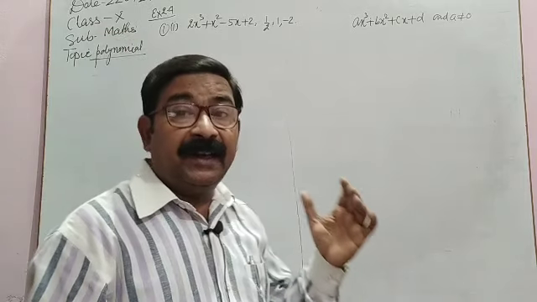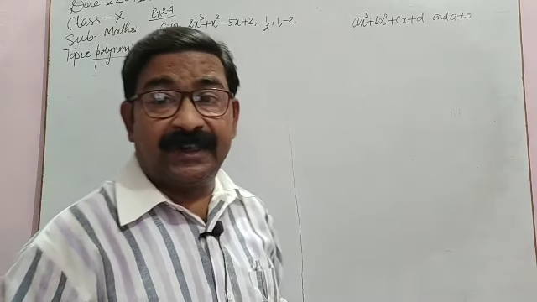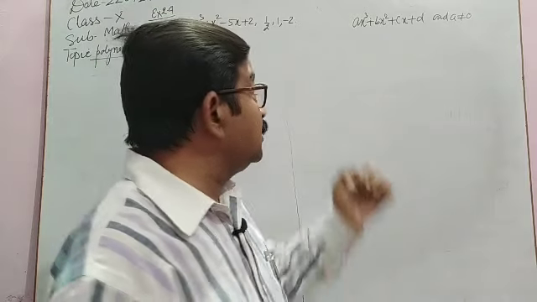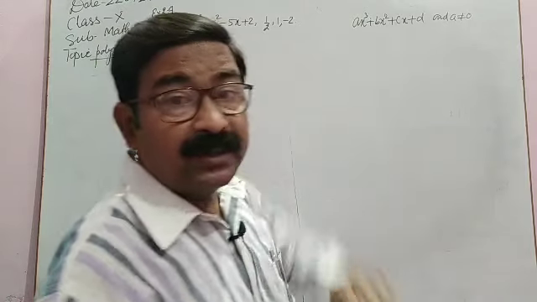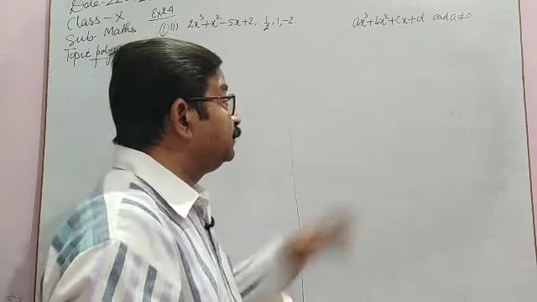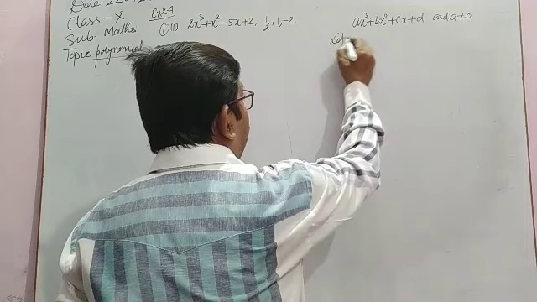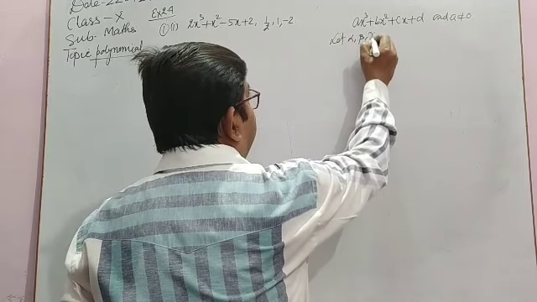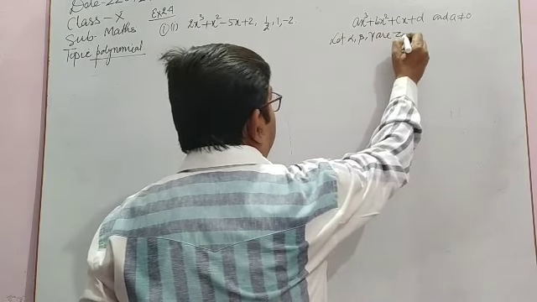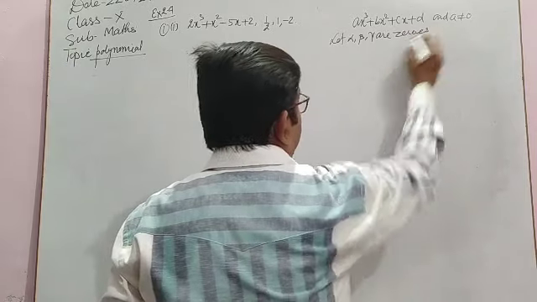So what are the relations of the zeros with the coefficients? What are the relations of the coefficients with the zeros? Let's see, I am writing. Let alpha, beta, gamma be the zeros.